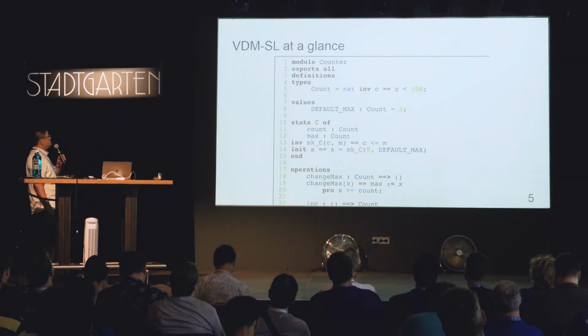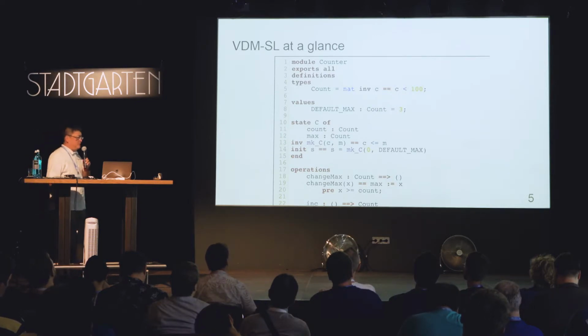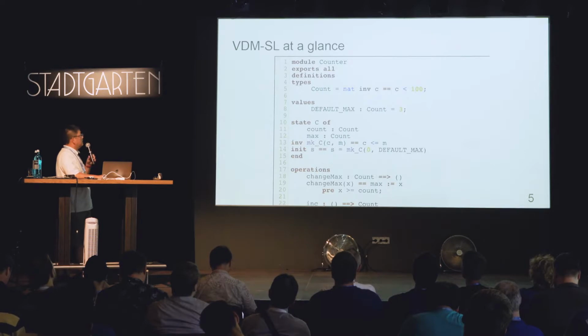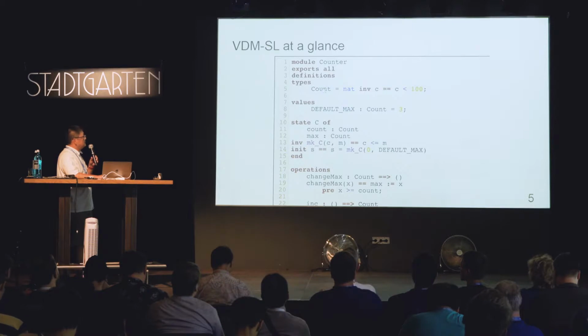And this is VDM-SL, the specification language that ViennaTalk executes. It's module based, so there is a module definition and an interface definition, and it defines types with type invariants. That is a constraint on the values of types.